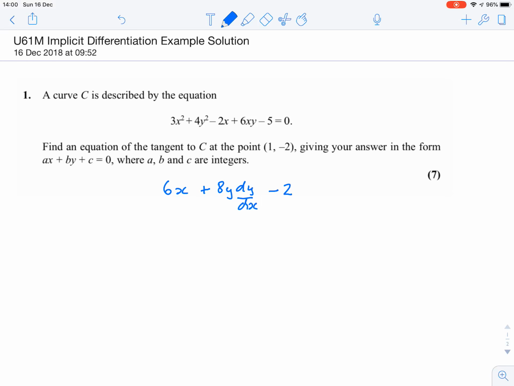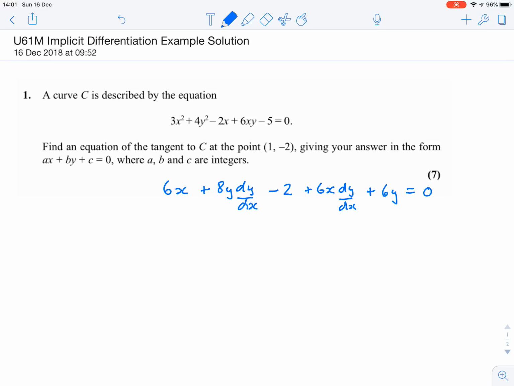So the differential is the first one, 6x, multiplied by the differential of the second one, and the differential of y is 1 dy by dx. Plus the second one, that's y, times the differential of the first one, 6x, and that's just 6, so that gives us 6y. Differentiate the minus 5, you get 0, equals, differentiate the 0, you get 0 again.